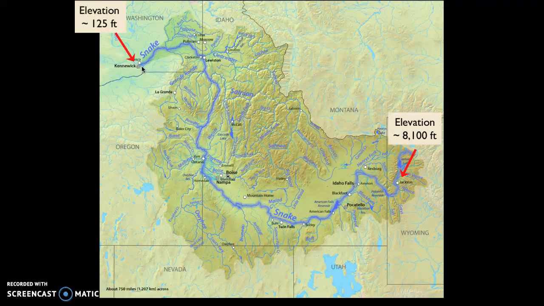So we call that lowering in elevation a loss of potential. So the river has more potential as it's higher up in the mountains, and then it loses potential as it gets lower and lower in elevation. So you can think about it as it has more potential of getting down because it's higher up, and it has less potential of going down when it's already fairly low, if that makes any sense.